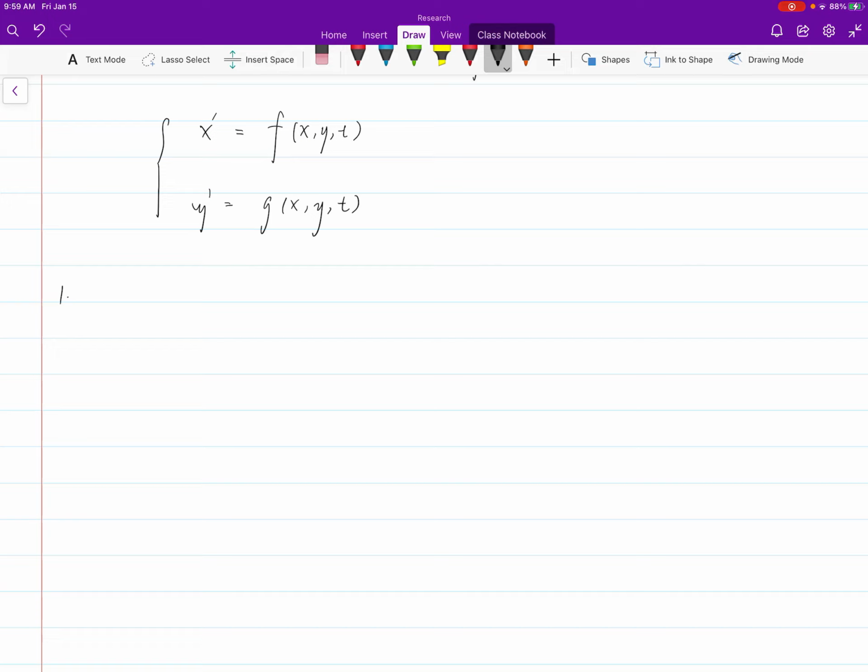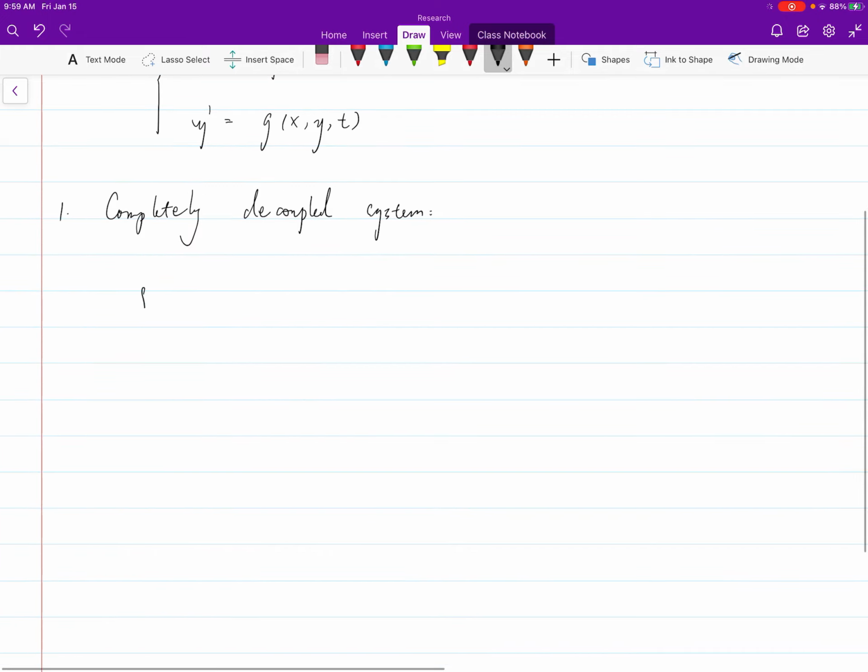The first one is called a completely decoupled system. The idea is quite easy. You have a system which looks like this.